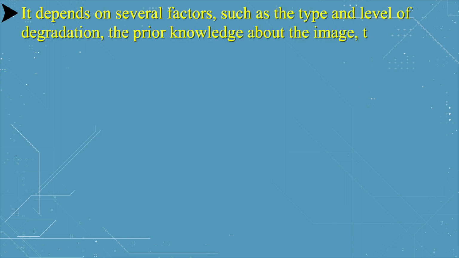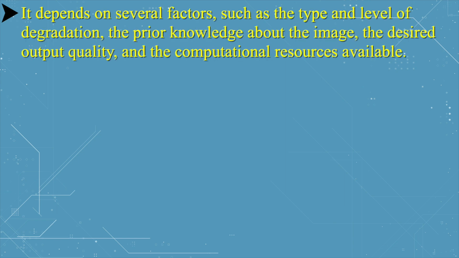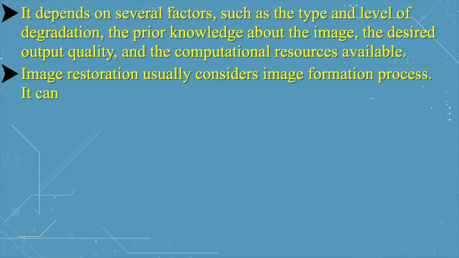The restoration depends on several factors such as the type and level of degradation. The prior knowledge about the image is important in case of restoration, as are the desired output quality and the computational resources available to us. Image restoration usually considers the image formation process.